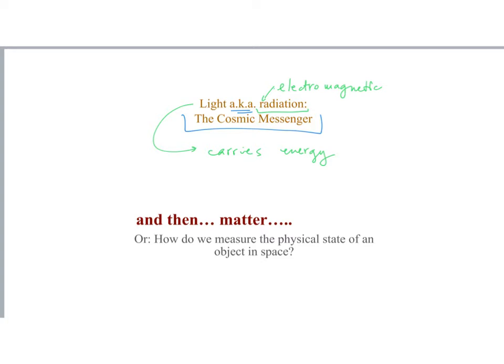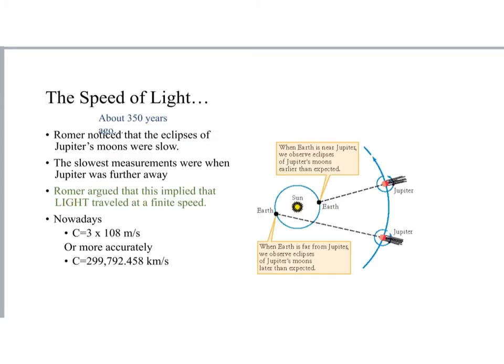So Astro class, with this chapter, I'll try to give you a sense about how much light teaches us about the universe. But not before I discuss with you something really interesting, like how do we know about this speed of light? Remember that c from celeritas.